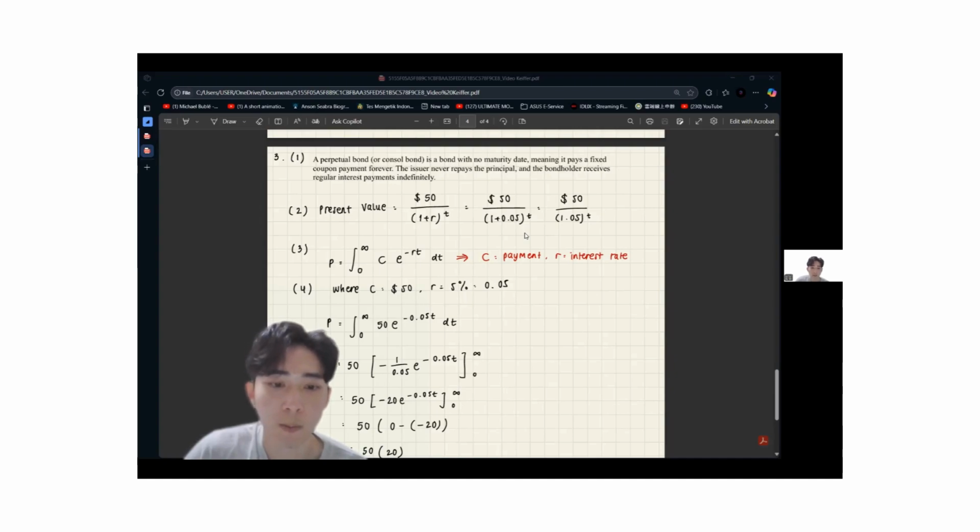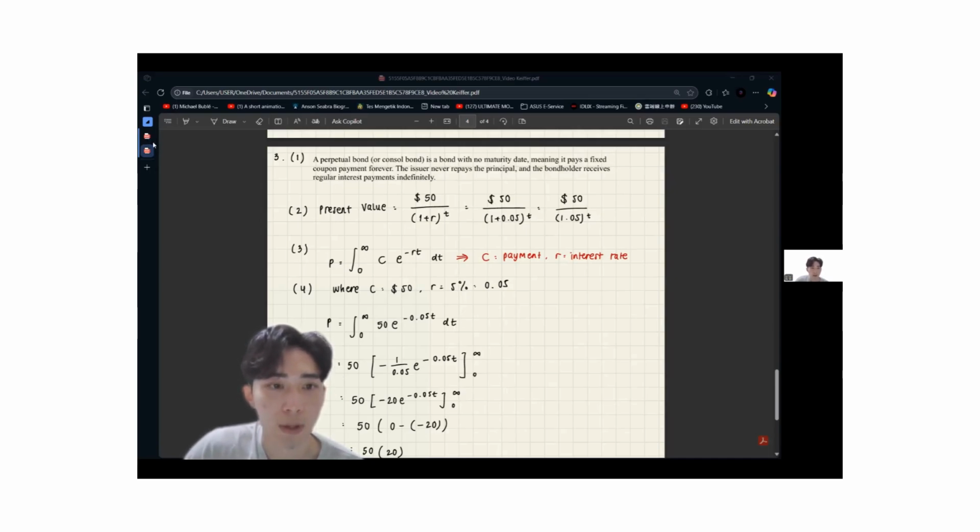The formula is PV equals 50 over 1.05 to the power of T. So you can see right here. For example, a $50 payment in 5 years is worth about $39.15 today. But since this bond pays forever, we need to sum the value of all future payments.